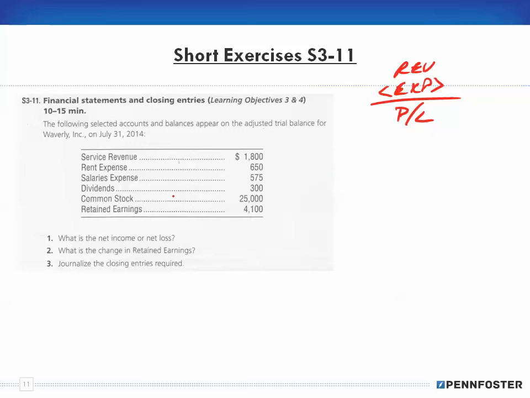So, we have $1,800 in revenue here. Okay, so that's our revenues, and then we subtract out our expenses. So we have rent expense of $650, and then we have salary expense of $575 that we subtract out.